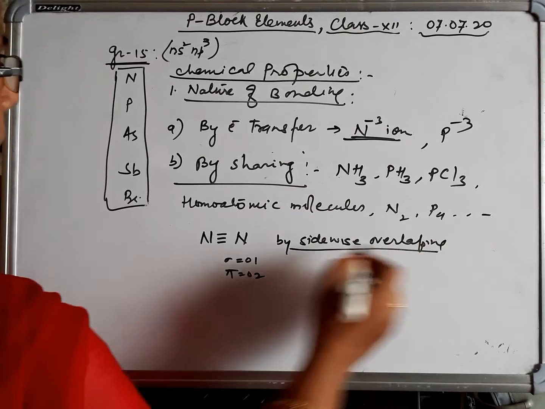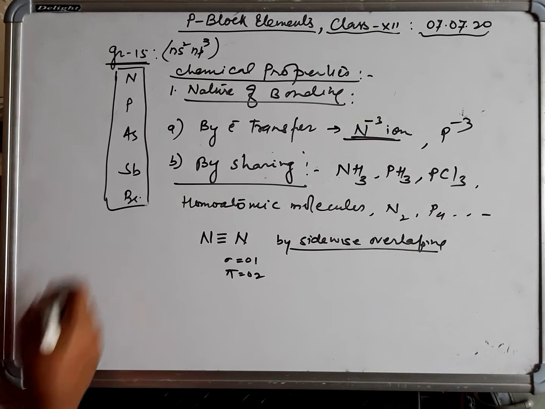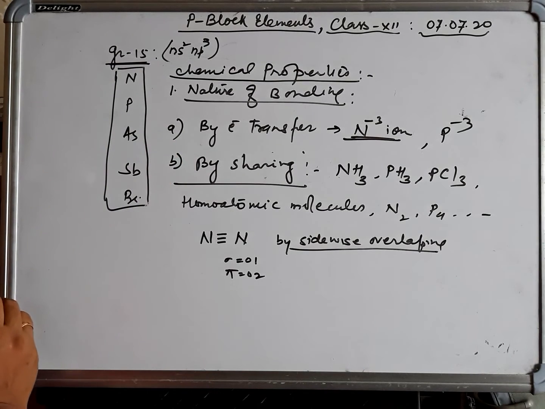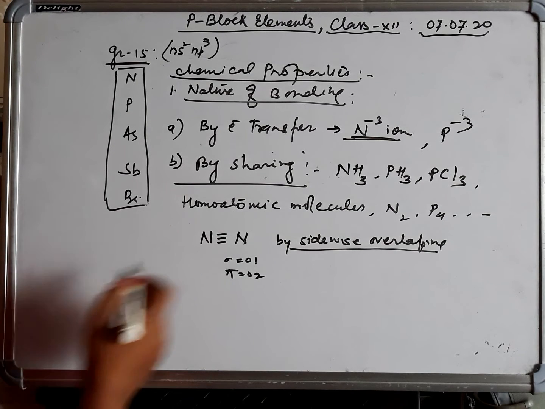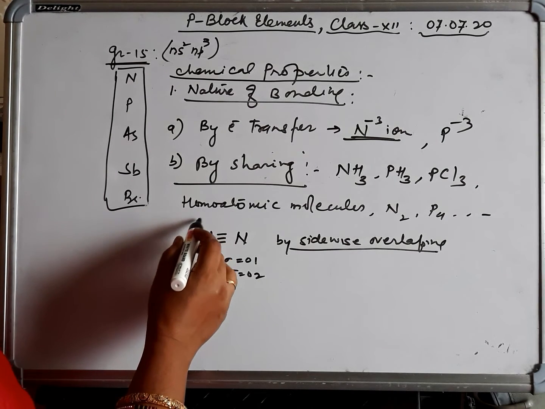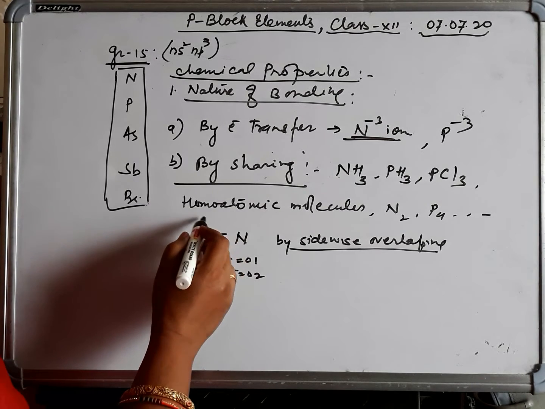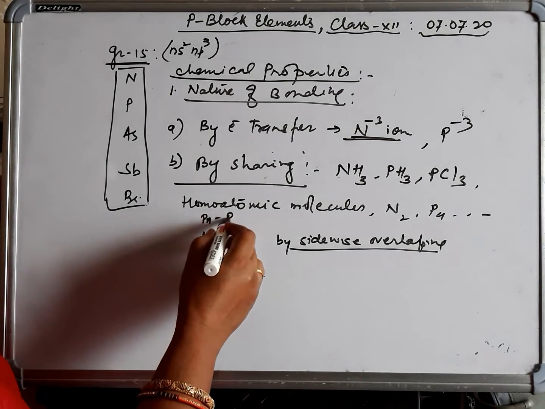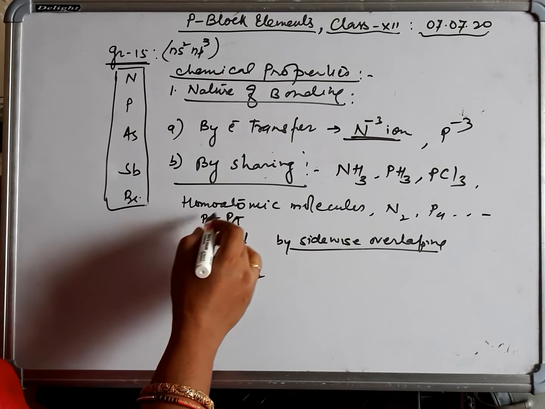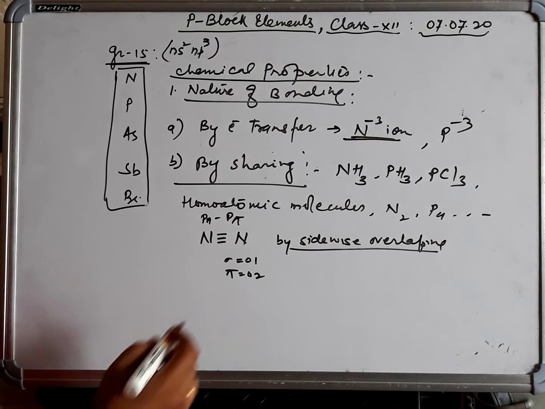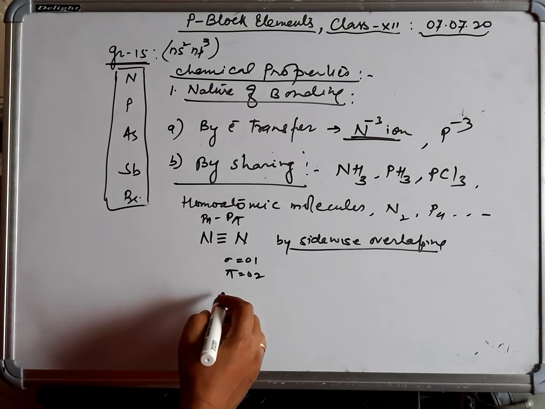Other members can't form the triple bond because as we move top to bottom, the size of the atom increases, so side-wise overlapping is not possible. They form single covalent bonds. But here the size of nitrogen is very small, so p pi-p pi side-wise overlapping takes place. But other members can form the d pi bond.